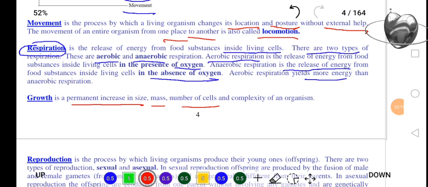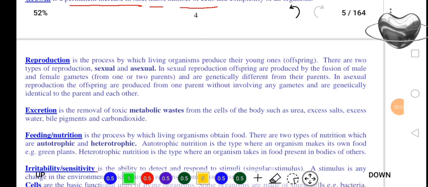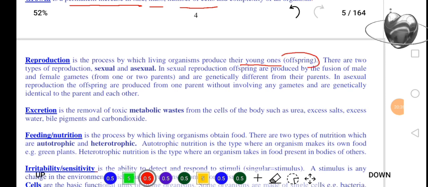Reproduction. We understand that reproduction is the process by which living organisms produce their young ones. Young ones are also known as offsprings. Now, every living organism is able to reproduce at a certain stage.